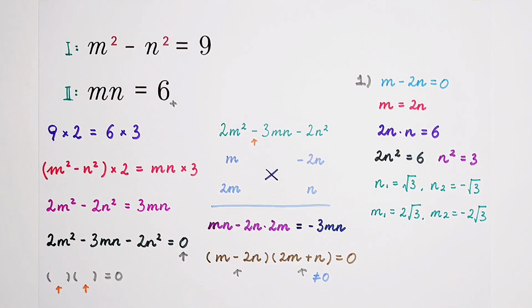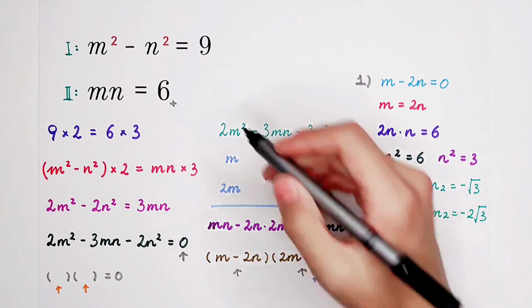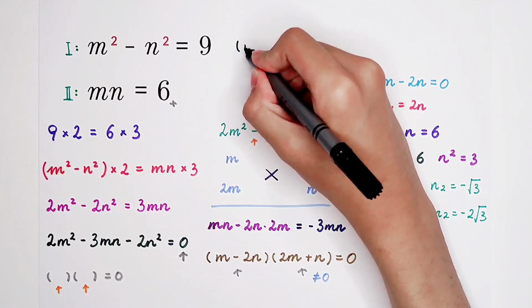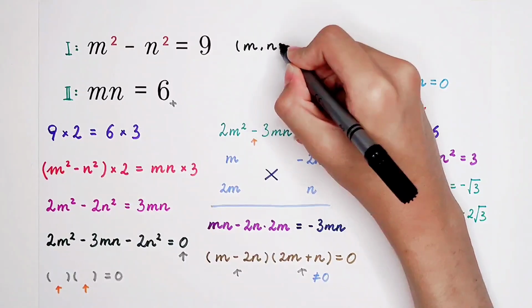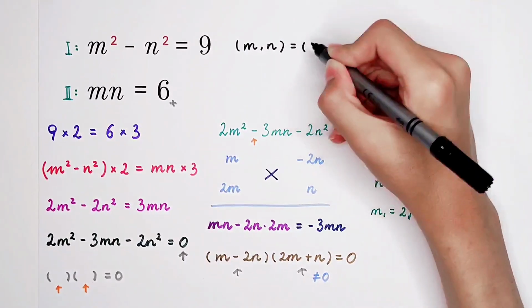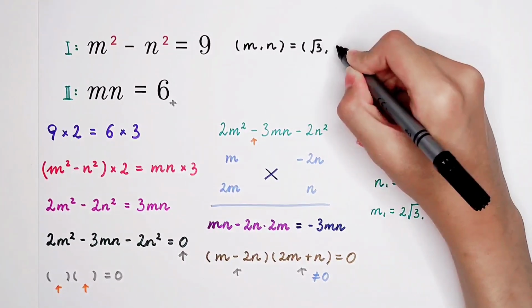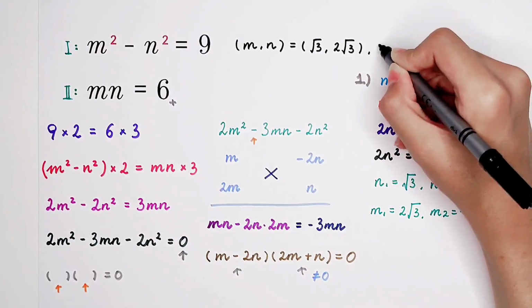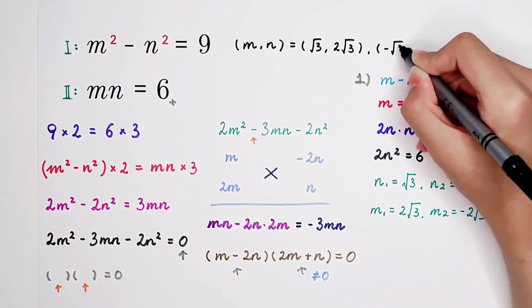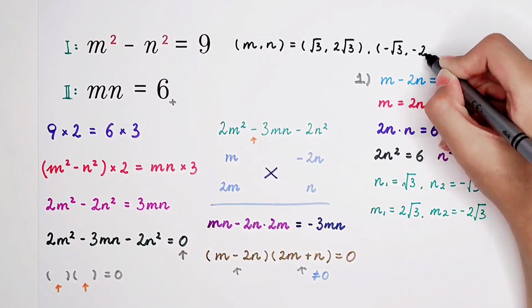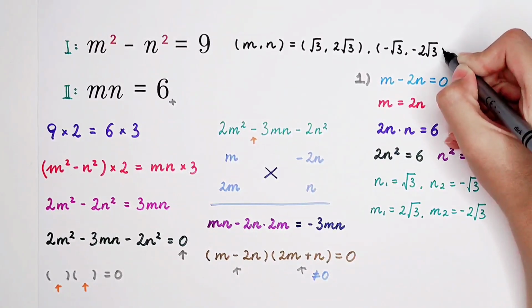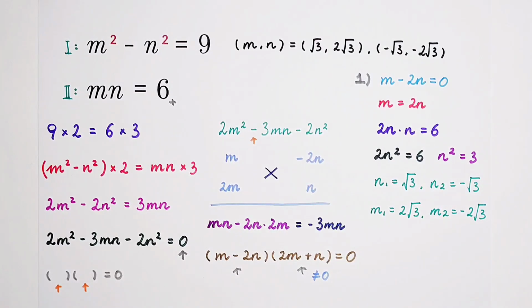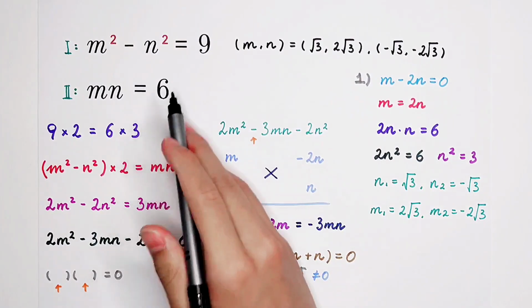So there are only two pairs of solutions. (m, n) is equal to (2 times root 3, root 3), or (negative 2 times root 3, negative root 3). I'm so sorry I didn't write it so straight.